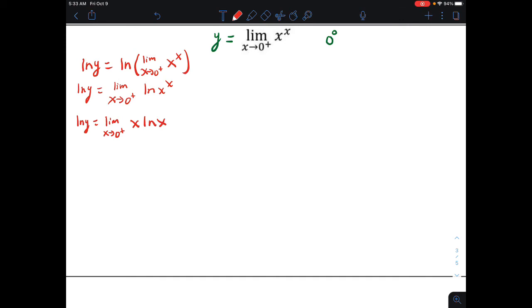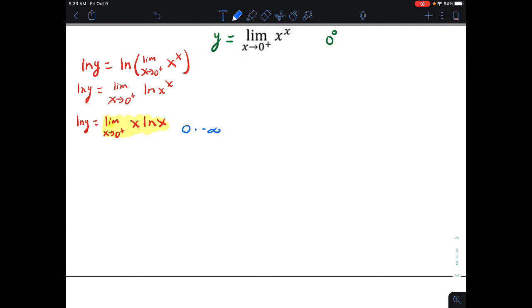Okay, now our focus is still just going to be right here. So we're just going to look at that part. Let me change colors here. Go with blue. So we want to solve that limit. Well, as we approach 0 from the right side, x goes to 0 and the ln of x approaches negative infinity.